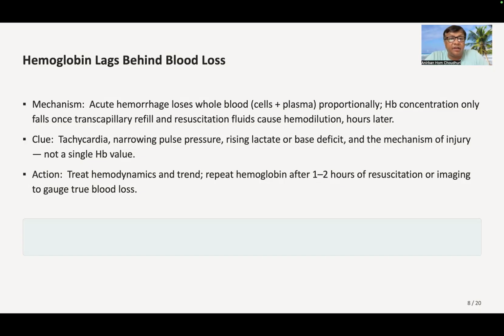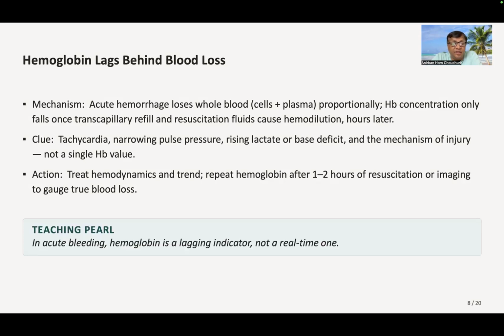He had tachycardia, he had narrow pulse pressure, he had a rising lactate or base deficit, and the mechanism of injury. We should not rely on a single hemoglobin value. So we have to treat the hemodynamics and trend, repeat hemoglobin after 1 to 2 hours of resuscitation, or use imaging to gauge the true blood loss, which may get masked in the hemoglobin at this stage.